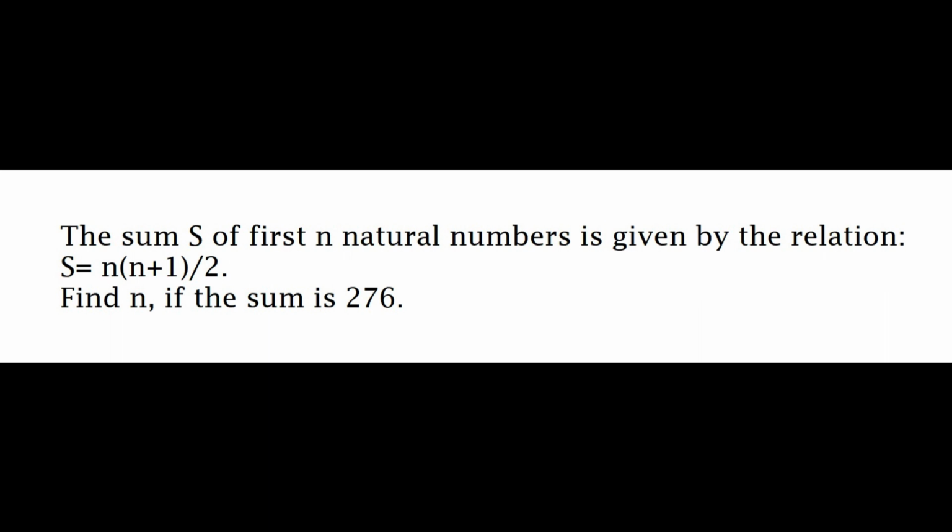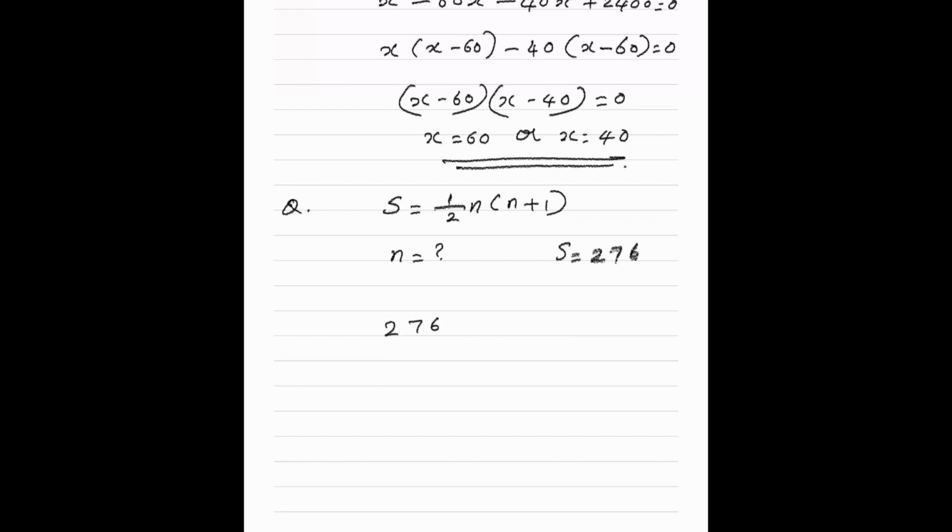The sum is given as 276. 276 is equal to 1 by 2 n into n plus 1. This 2, you take it to this side and multiply. I'm getting 552. This side is n square plus n. So make it a quadratic equation, n square plus n minus 552 equal to 0.